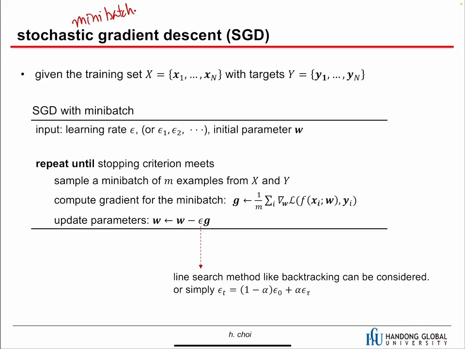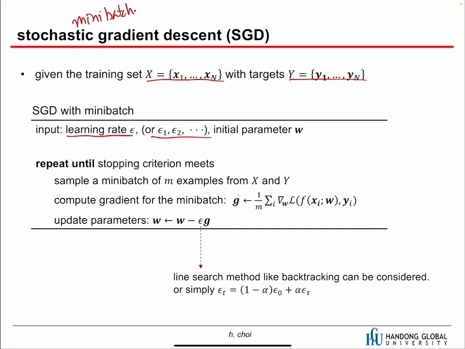We just take a gradient with the mini batch and then update. That's it. Given a training set with x and the y target, we define the learning rate, or we can come up with some strategy to change the learning rate.